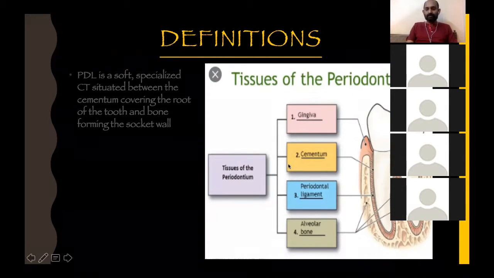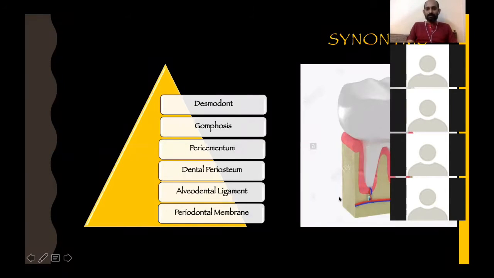Now there is another thing which is called as periodontium, where your periodontal ligament is a component of a periodontium. Periodontium is an apparatus which is comprising of different elements, where your periodontal ligament is one component of your periodontium, right? Now there are other synonyms which are given for periodontal ligament.